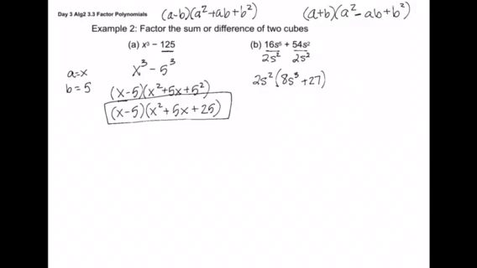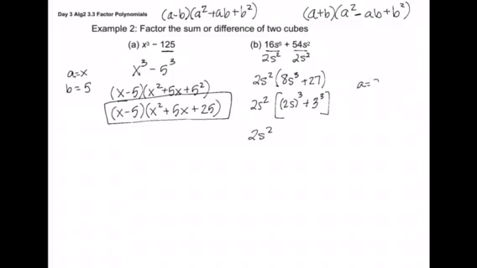Well, now I recognize that my 8 can be written as a perfect cube. 2 times 2 times 2 is 8. And 27 can also be written as a perfect cube. 3 cubed is 27.